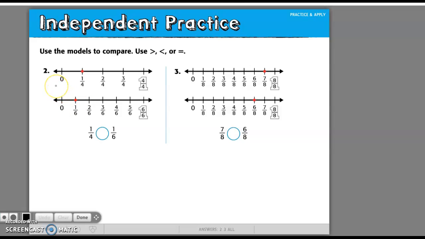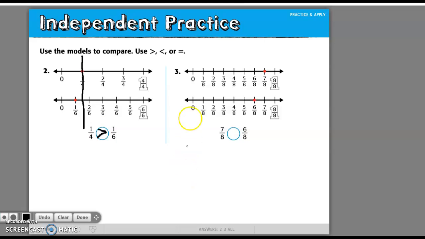If I have a candy bar and I break it into 4 pieces, the pieces will be bigger than if I break it into 6 pieces. So if you look here, you can also draw yourself a line through this 1/4, and you can see that it's ahead of or closer to 1 than 1/6. So 1/4 is greater or closer to 1 than 1/6.